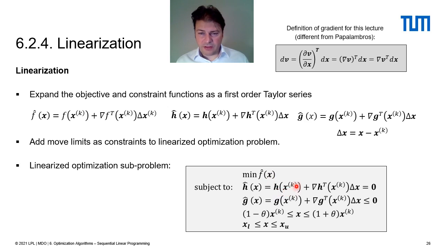So h of xk is a constant. And this expression here, which is a matrix, will also be constant, times delta x, which includes the optimization variable x. You want to include explicitly the move limit as a constraint on your x.